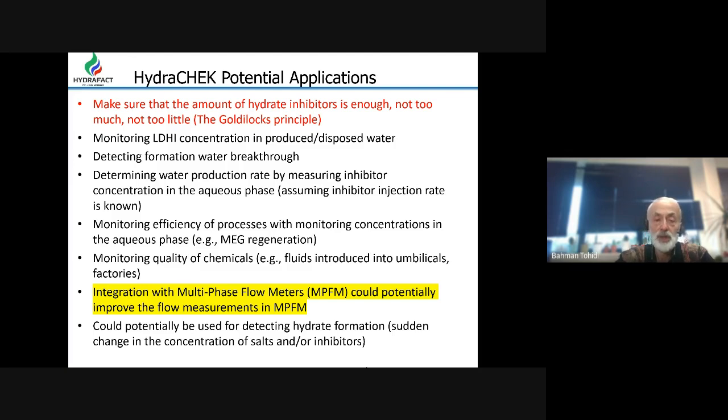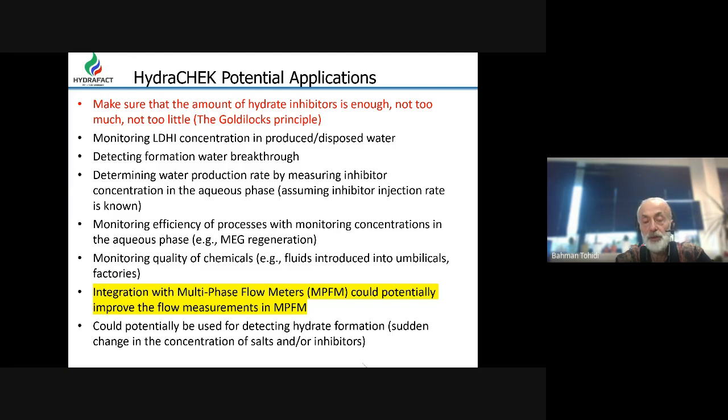Another application is HydraCHEK with a multi-phase flow meter. A multi-phase flow meter normally uses two physical properties and material balance to find the three phases, that is water, hydrocarbon, and gas.